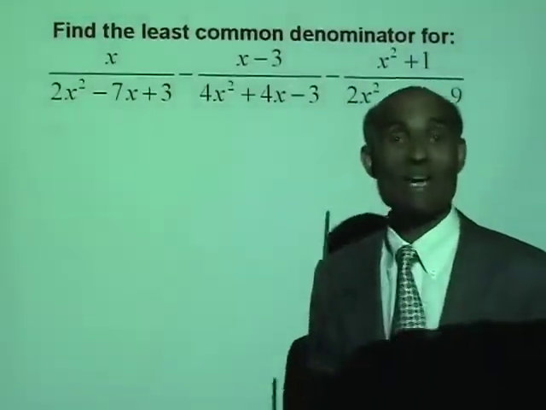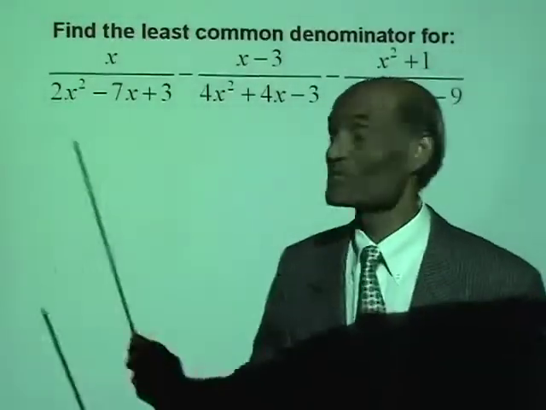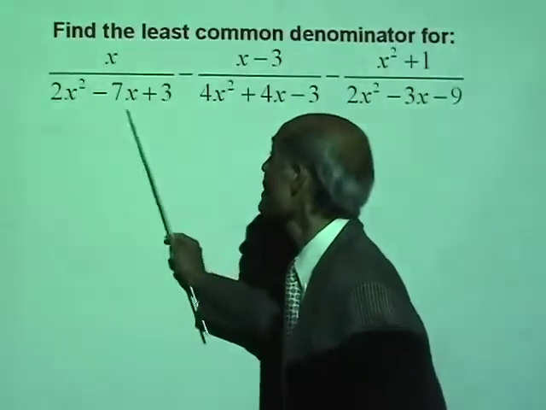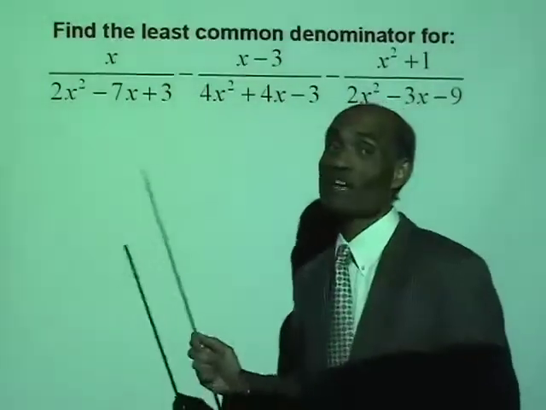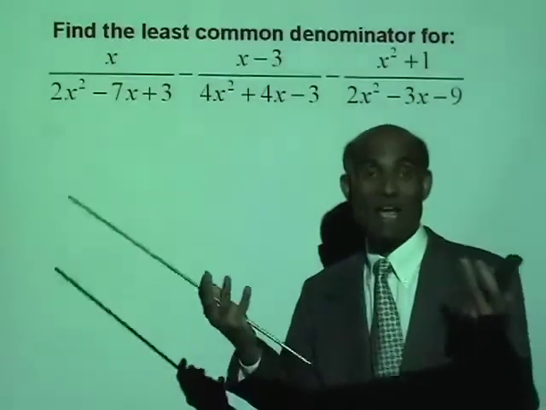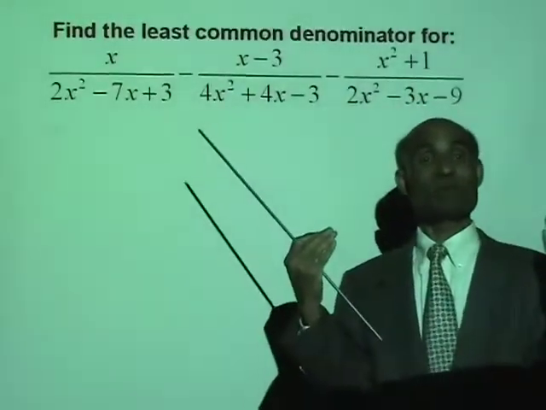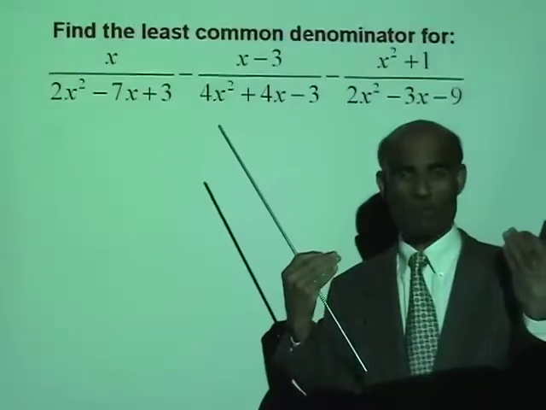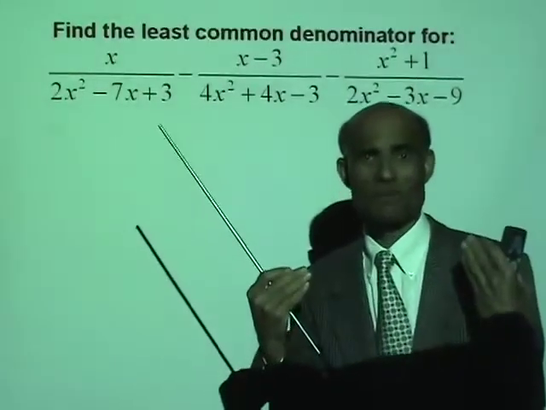What is the method again? Start by factoring the denominator. Alright, each denominator is a trinomial, and again we are back with factoring the trinomial. I'm sure you are enjoying it by now.